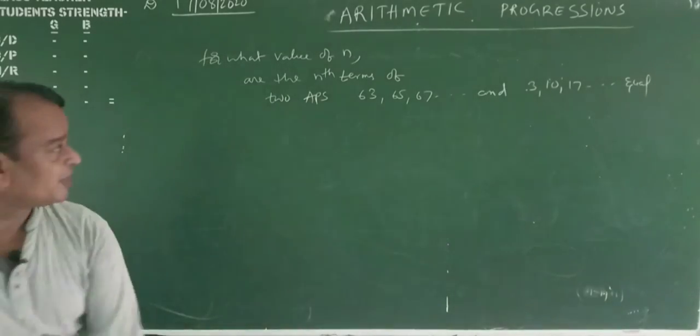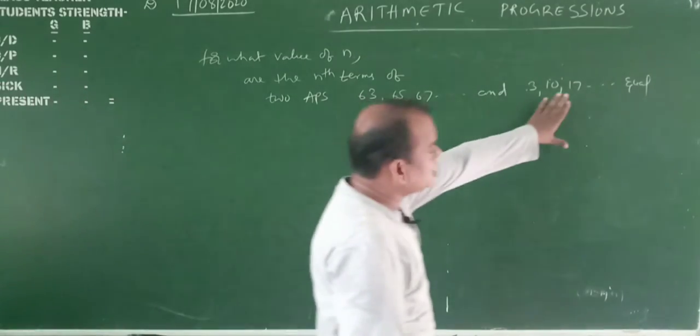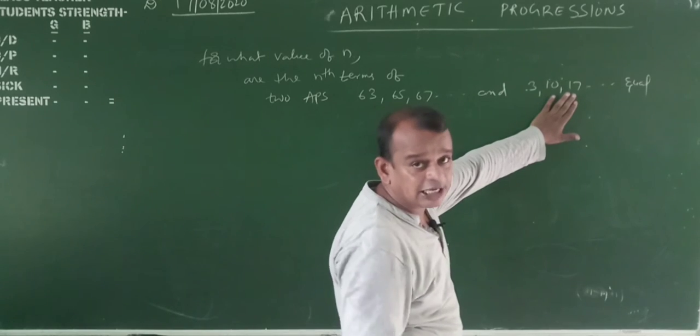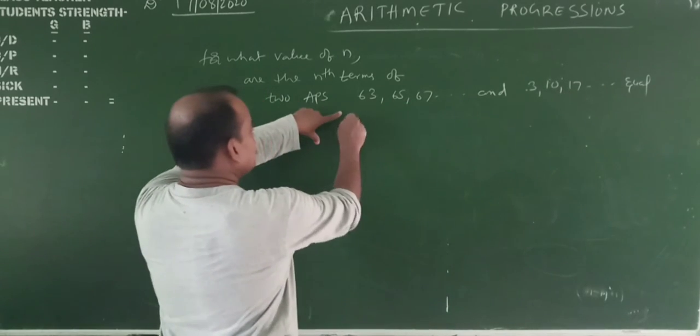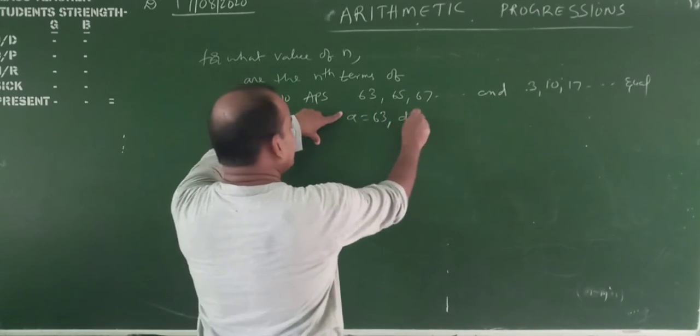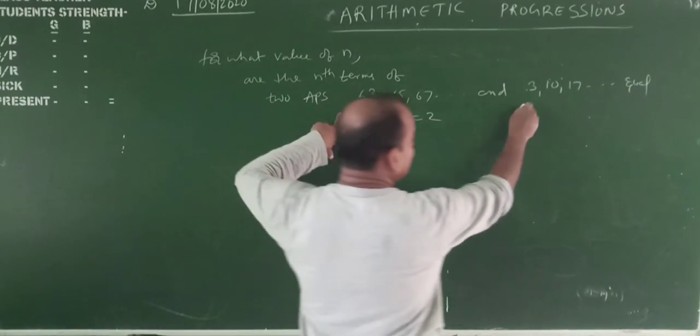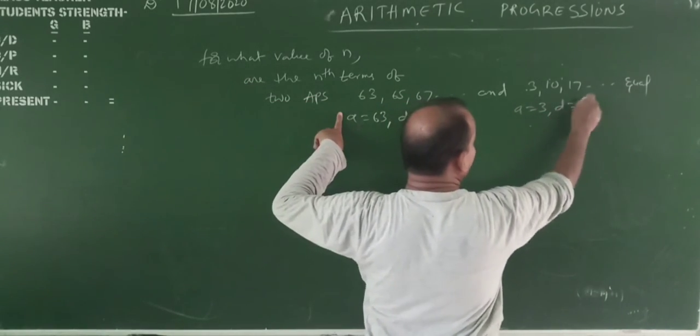Understood the question? The nth term of this one and the nth term of this one are equal. Then find the value of n. Here the A value is 63 and D value is 2. Here A value is 3 and D value is 7.